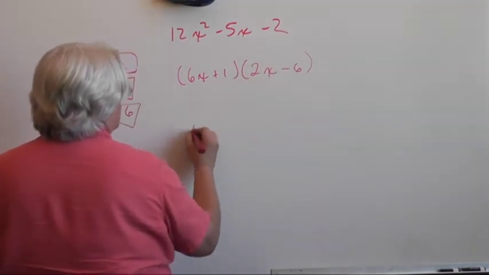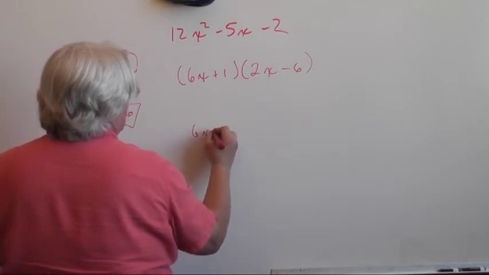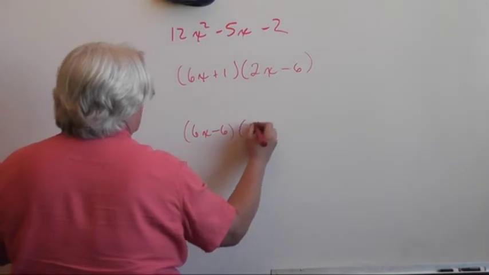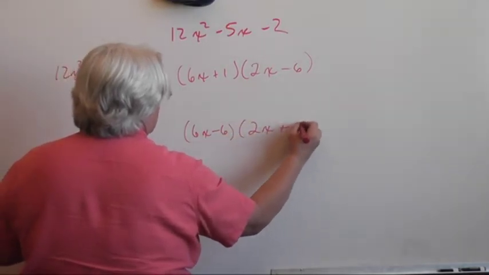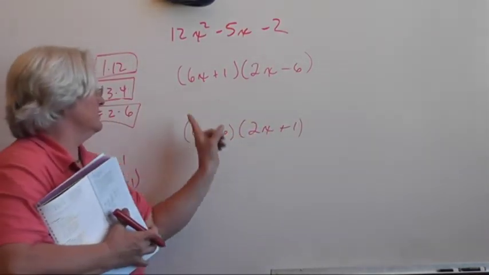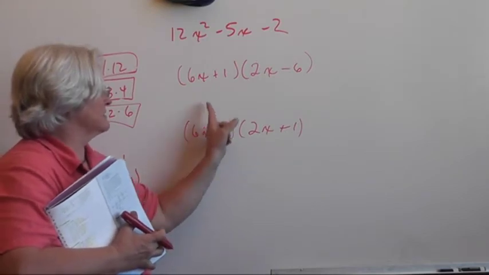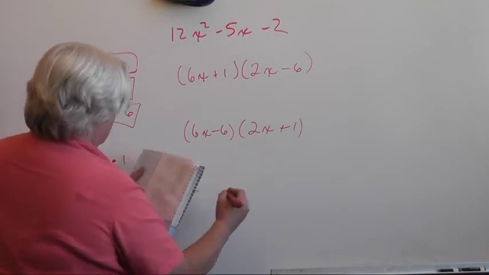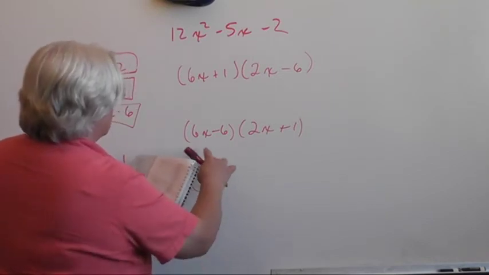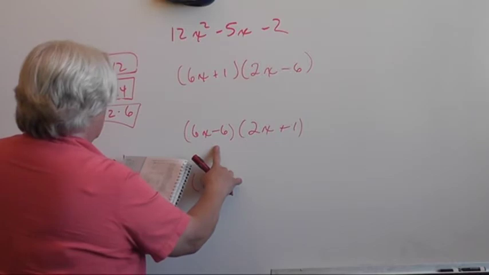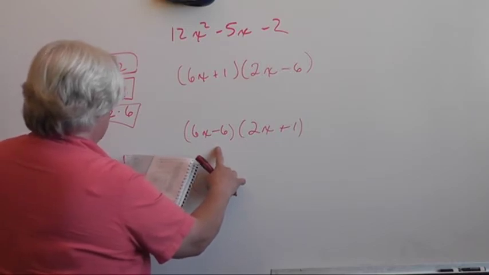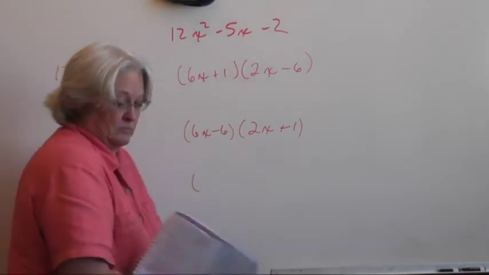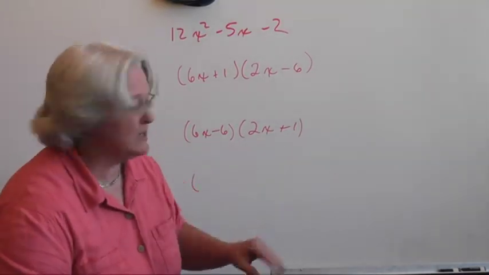We can do 6x minus 6 times 2x plus 1. See, we're still using the same factors, but we've got 6x minus 6. There are 2 more we can do. We can do, oh good grief, what are they doing? 6x minus, forget what I said here.